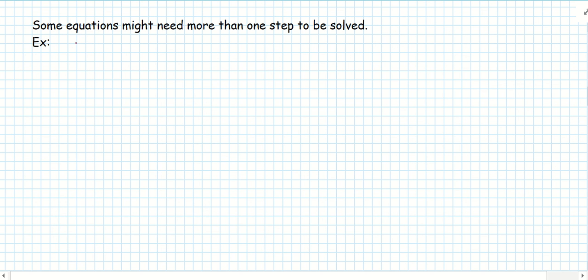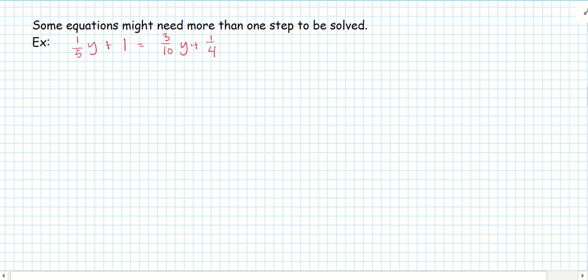This one is 1 over 5 y plus 1 equals 3 over 10 y plus 1 over 4. The reason I chose this example is because it's full of fractions. I know it looks really complicated, like a lot is going on.